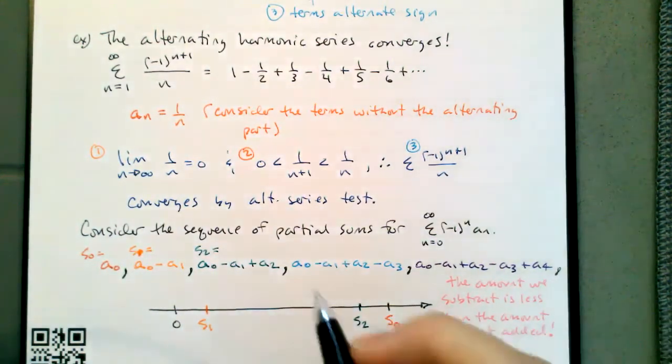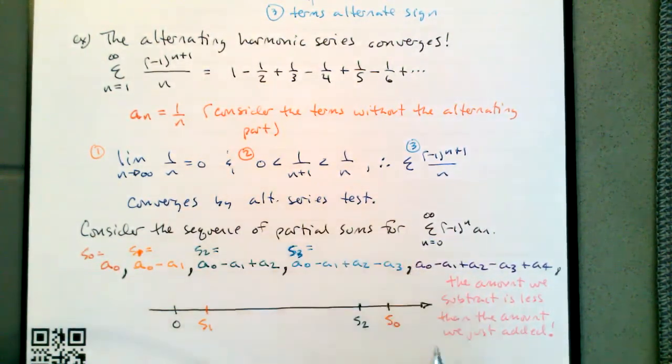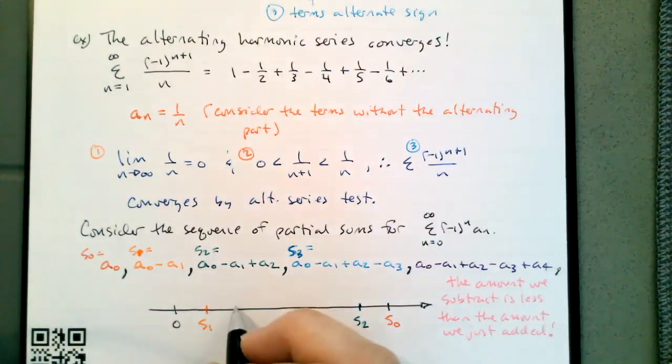The next term, S3, we just take S2 and subtract A3 from it. But A3 is less than A2. So the amount that we're subtracting is less than the amount we just added. So S3 must be between S1 and S2.